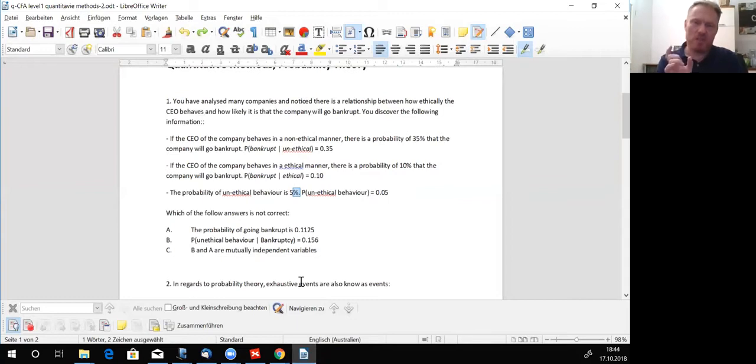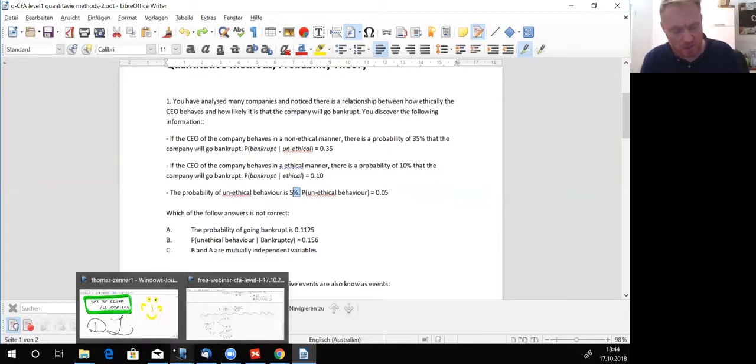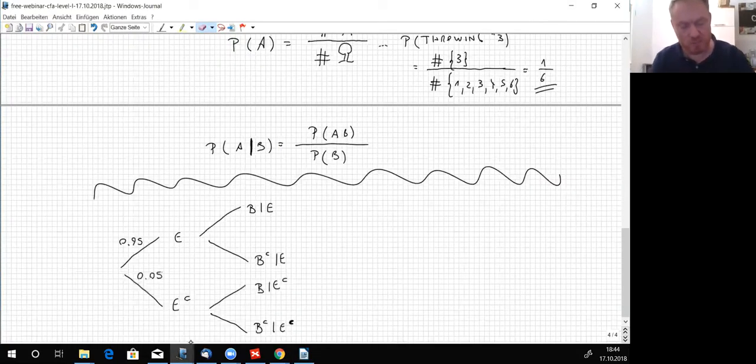So bankruptcy, if there was unethical behavior, happens with a probability of 0.35, isn't it? You need to understand this now. And remember, it was necessary for me to put the answer in a formula manner. Without the formula, of course, you should have been able to see this just by the description.